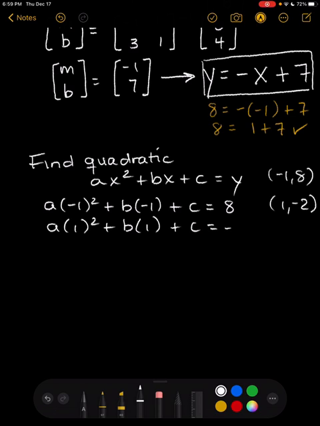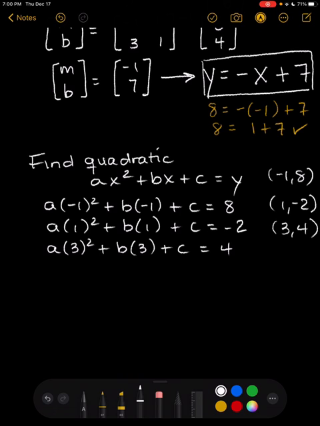So it's slightly different, more numbers than the linear equation, but it still works out. Let's say our last point is 3 comma 4. So we've plugged in every x and y.